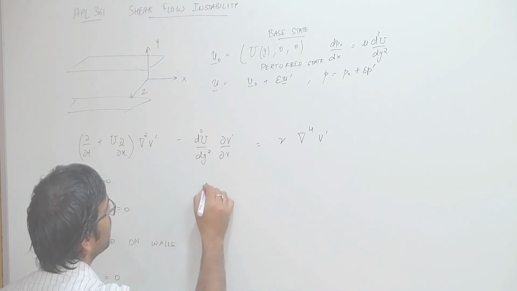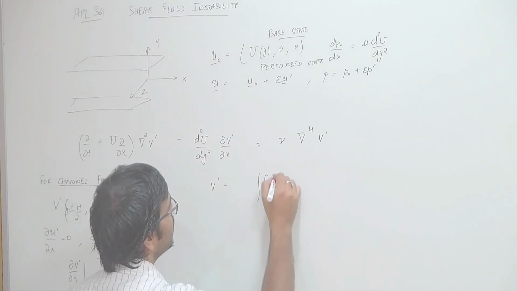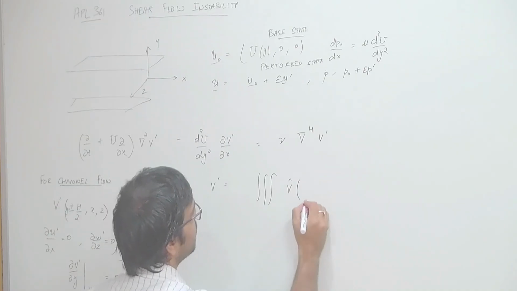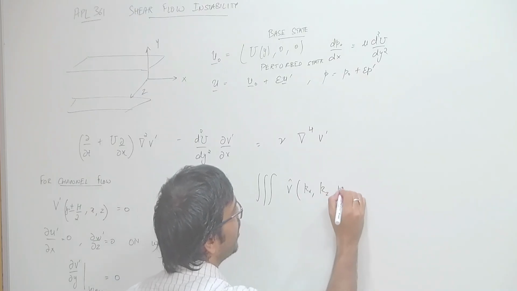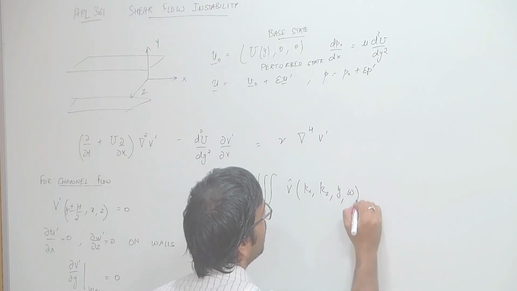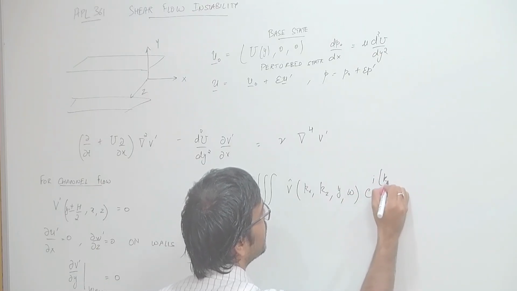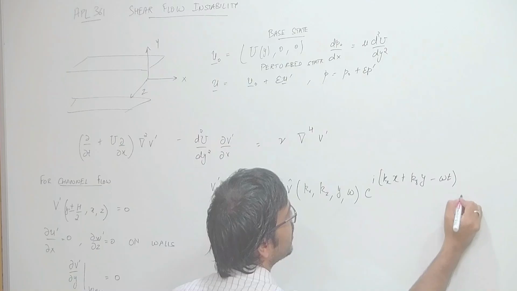So, we had written that this v prime is basically v hat of kx, kz, y, and then a function of, let us say, omega as well, e to the power i kx x plus kz z minus omega t.